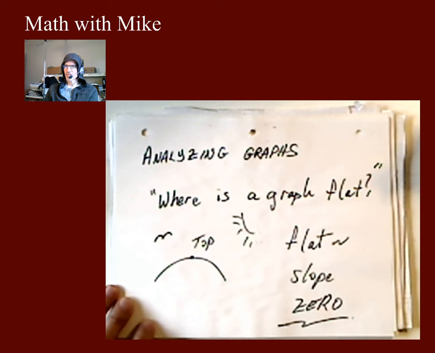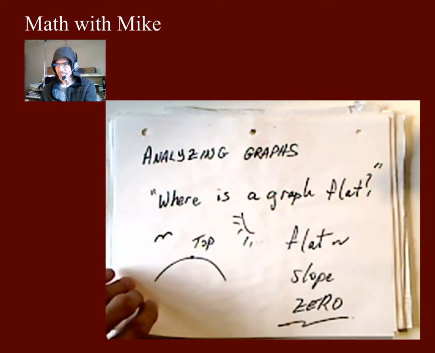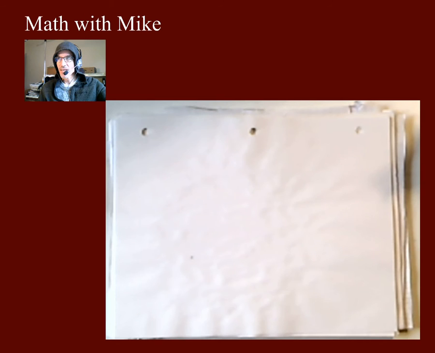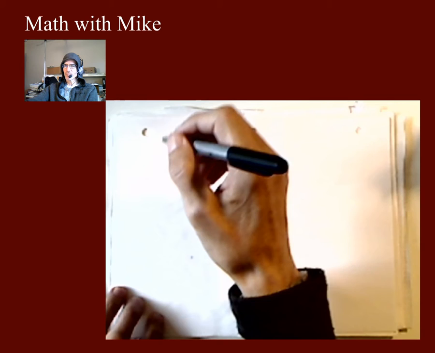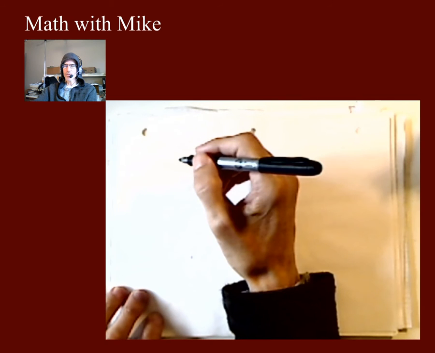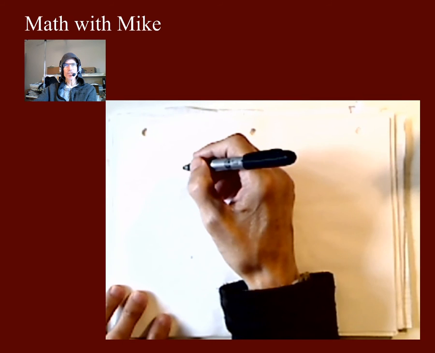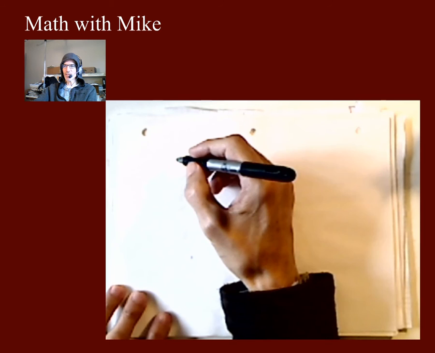So let's take a look at the calculus in order to figure this out. To do so, we're going to create a quadratic equation and a parabola like you've seen in grade 11.